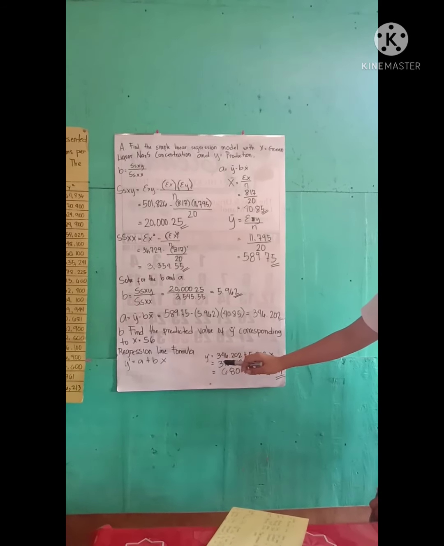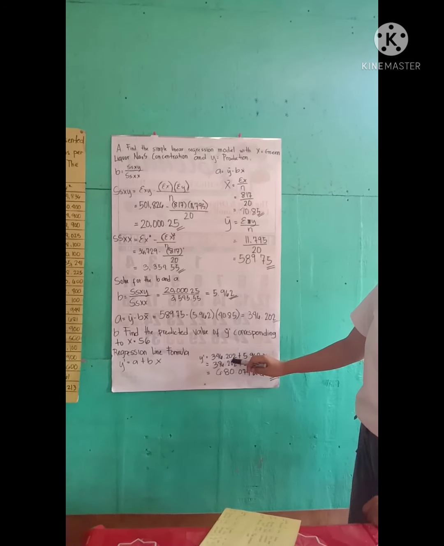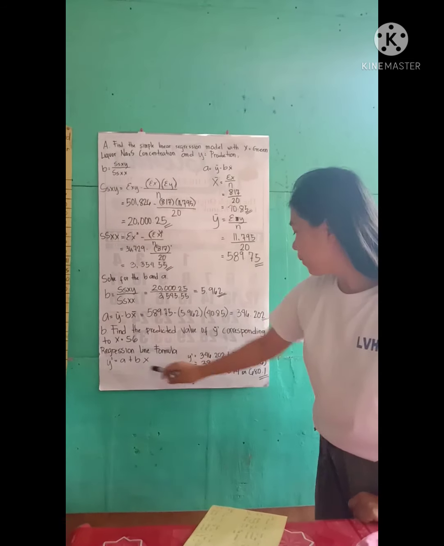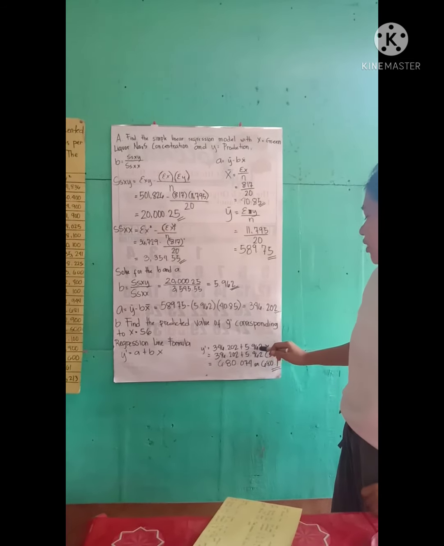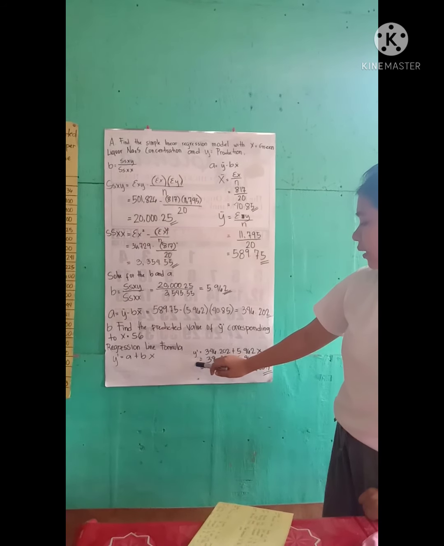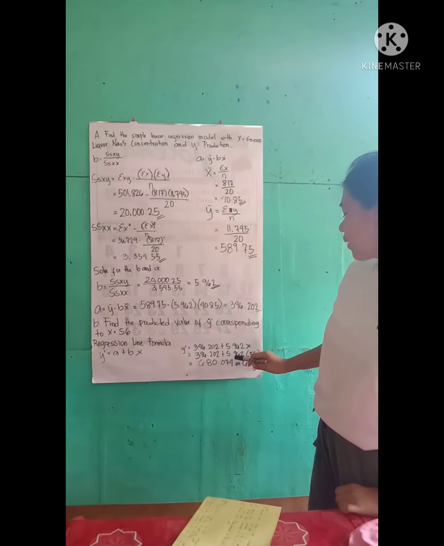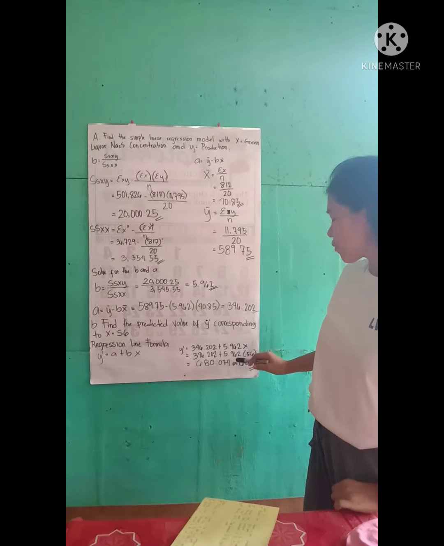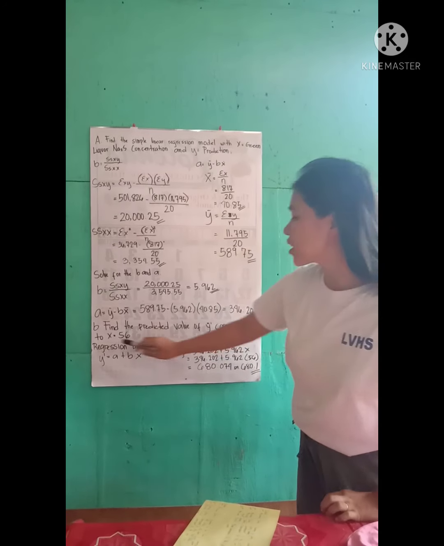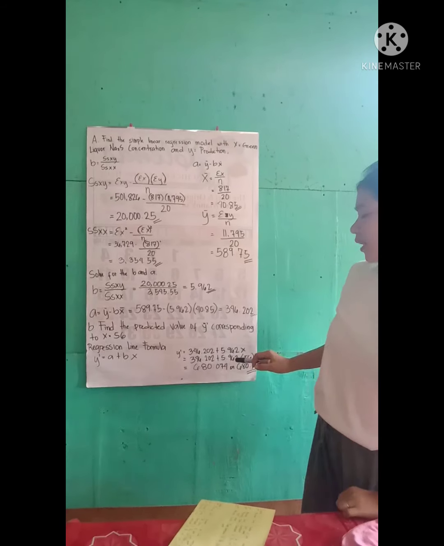So y prime is equals to a, which is 346.202, plus b, which is 5.962 x. So in another step, 346.202 plus 5.962 times 56, because let's put x as 56, so we need to multiply it by 56.